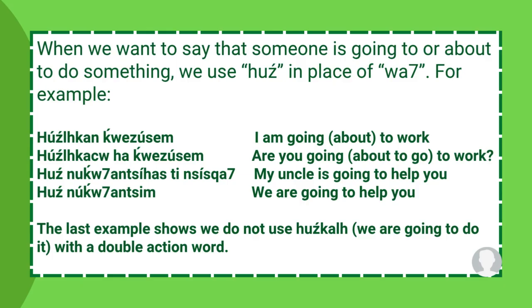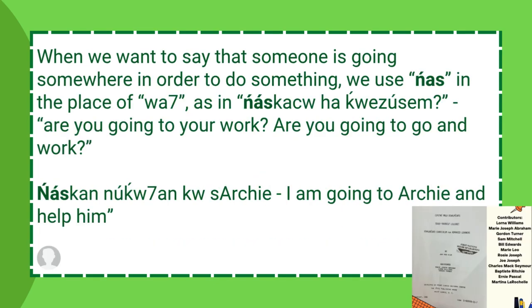And hul nukwanchim, we are going to help you. So the last example shows we do not use hushkash. We are going to do it with a double action word. So you drop the kash and say hul nukwanchim. We are going to help you.